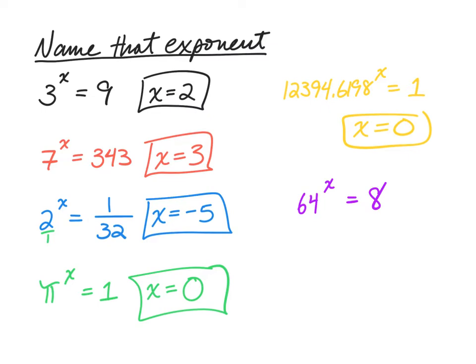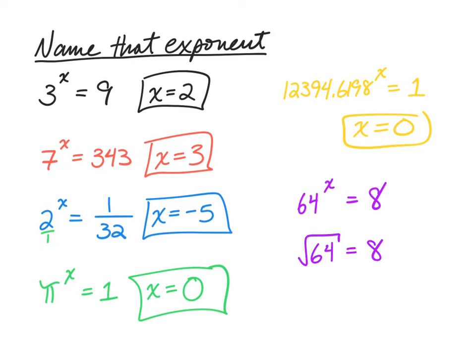We can't use multiplication or division. We have to use an exponent. But the exponent we're looking for normally doesn't make very much sense. So if I thought about it, what can I write around or in addition to this 64 to have it turn into 8?